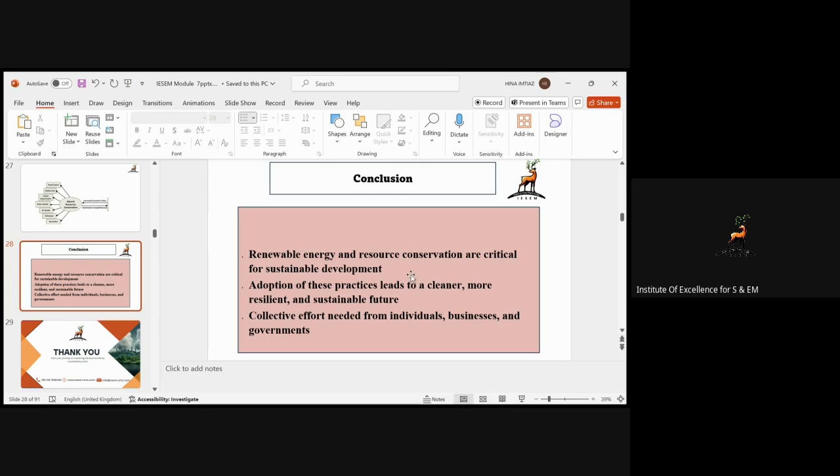We need collective efforts, not only individual ones, and we demand such cooperative behavior from individuals, businesses, and the government. Together, individuals, governments, and the private sector will cooperate to create an environment which is feasible not only for living beings now but also for future generations.